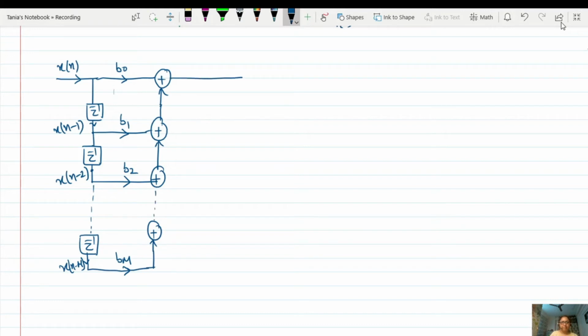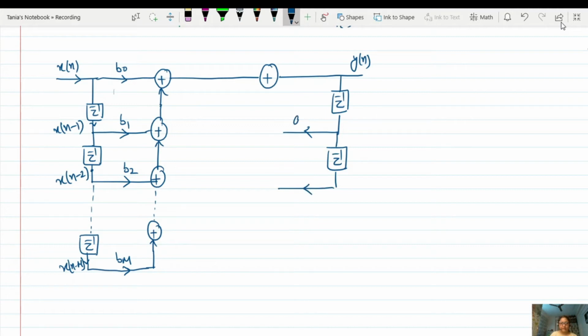Then we have the poles realization of our system. This is our y of n, z inverse, this is again z inverse, and we add the constant terms a1, a2 with multipliers. Further, this is z inverse, and at the last we get y of n minus n.